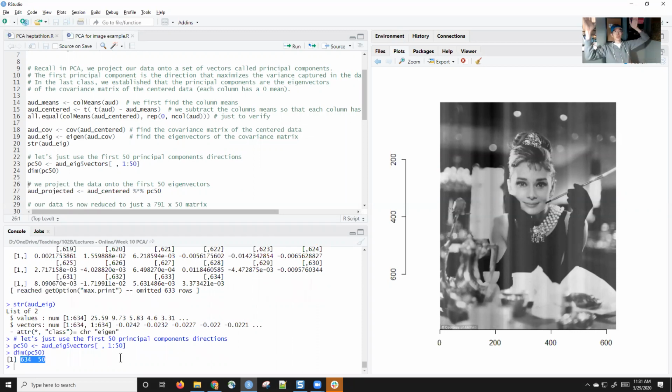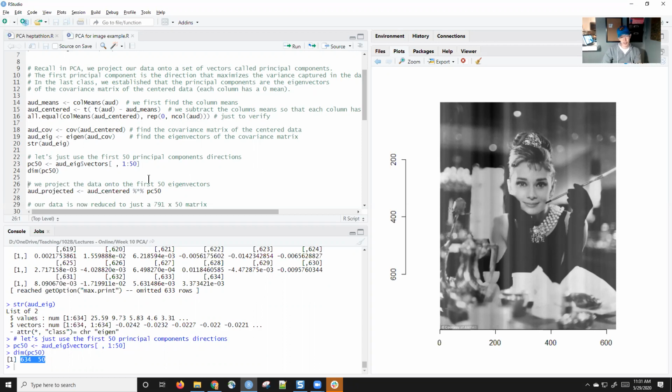I'm going from M being 634 and reducing it down to D being 50. So I've got 50 vectors, each of length 634, and these are the weights that I use to reduce my dimensions.